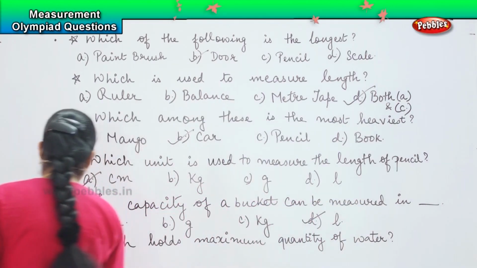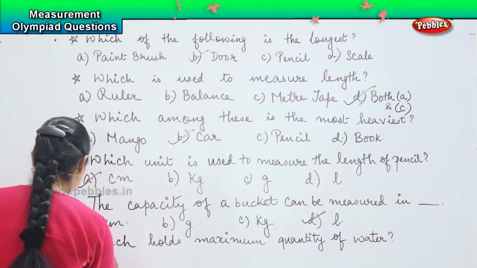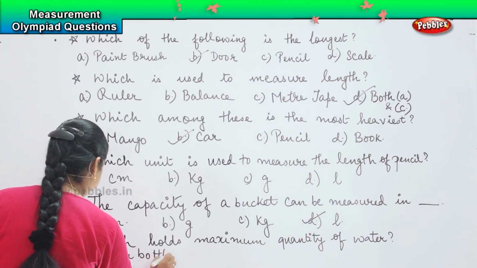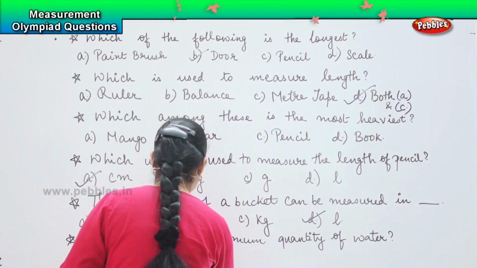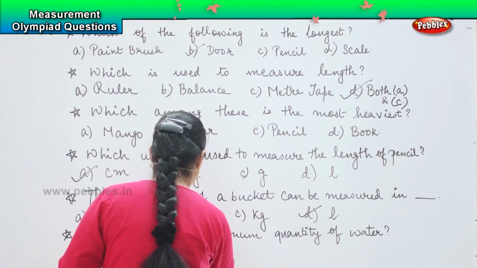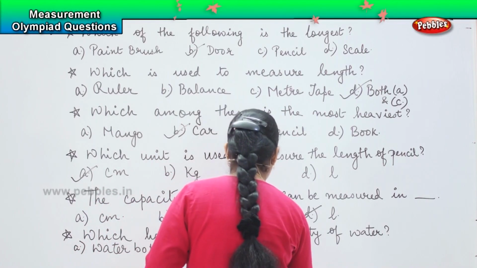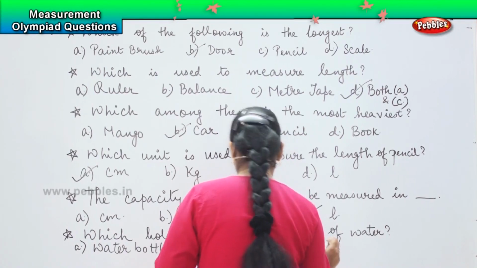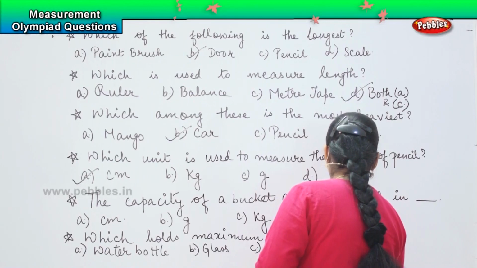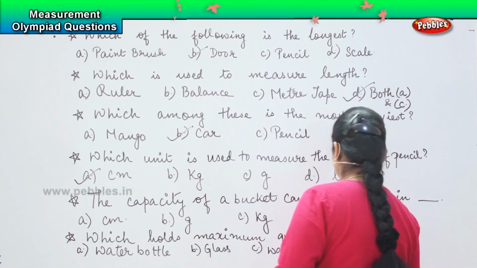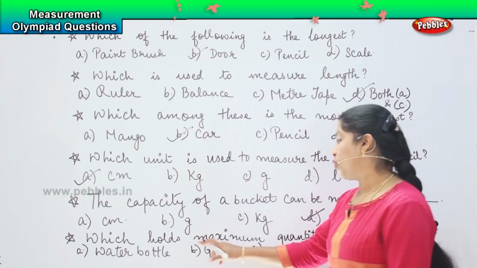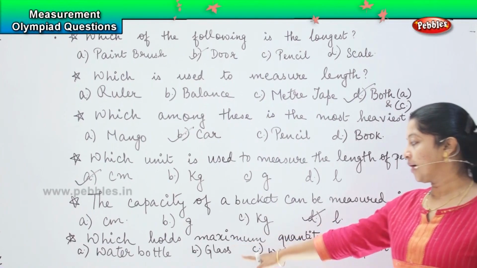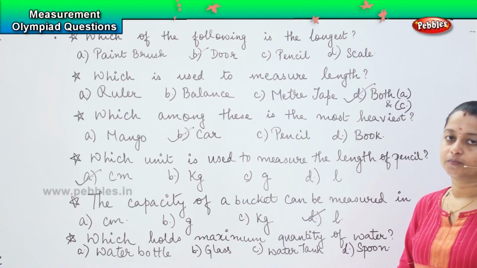Okay, and your options are A water bottle, B glass, C water tank, and D spoon. So you have to tell me which among these holds the maximum quantity of water. Is it water bottle, glass, water tank or spoon?